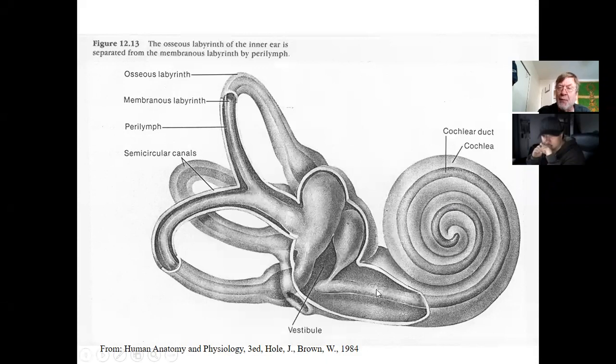If you're looking at the membranous labyrinths over here in the center, you can see where it ends. You can see where the utricle and saccule are, the bags or the squeezy areas. Here's the ampullae areas of the semicircular canals. So hair cells in here, hair cells in here, hair cells, hair cells, hair cells, hair cells, and hair cells inside the cochlea.